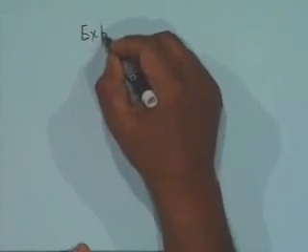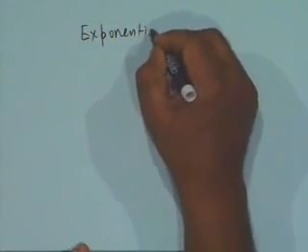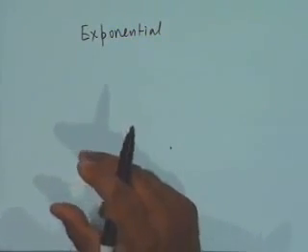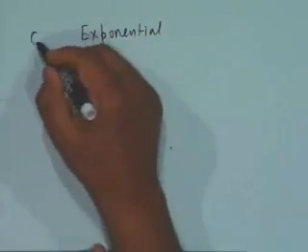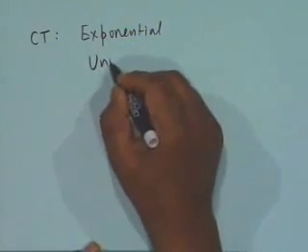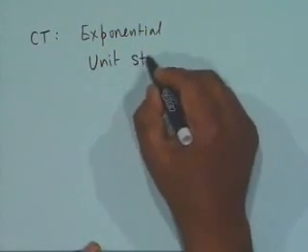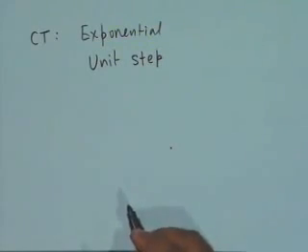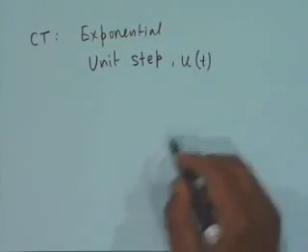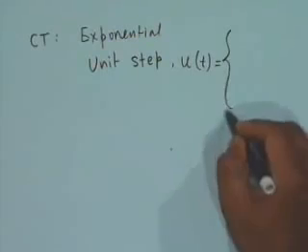Exponential signal is one of the elementary signals, that is one of the basic signals, and we are considering continuous time domain. Exponential is one of the basic signals. Two other basic signals which are of importance is the so-called unit step, and it is denoted by u of t and defined like this.